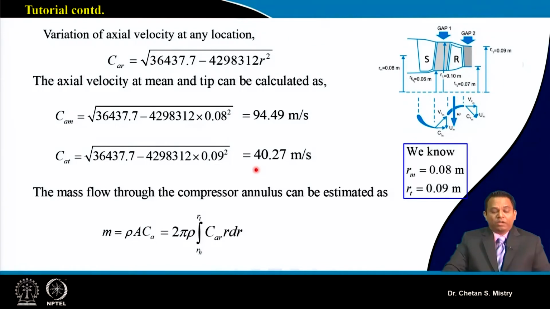Okay. And if you look carefully, just remember what it is saying. If you look at the numbers, at the hub we have maximum axial velocity and at the tip we get minimum axial velocity. So it is giving me a different kind of design feeling.